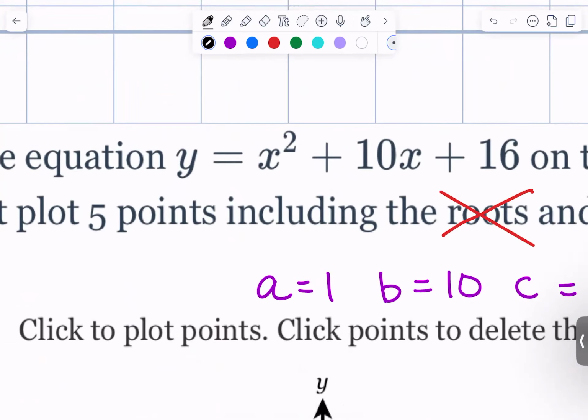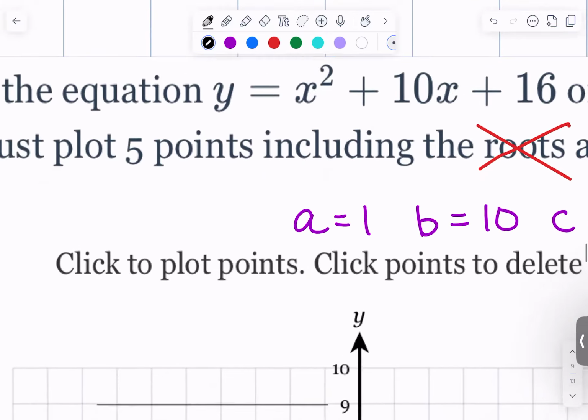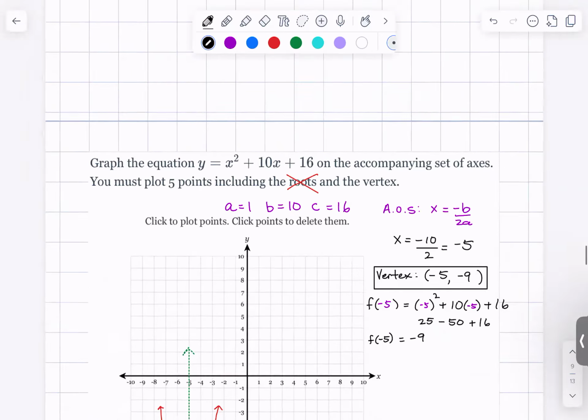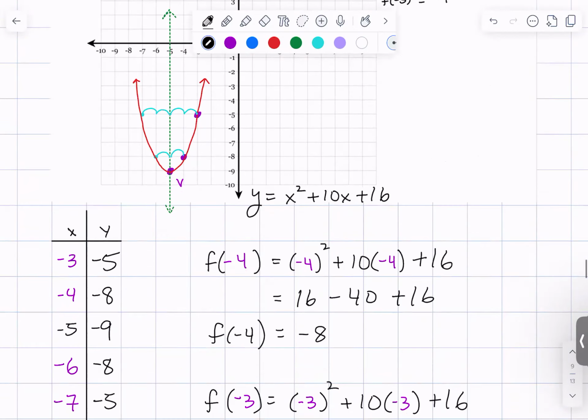So my a value is 1. Does it have a vertical stretch or compress? No, there is no transformation like that. This parabola is not vertically stretched or compressed.